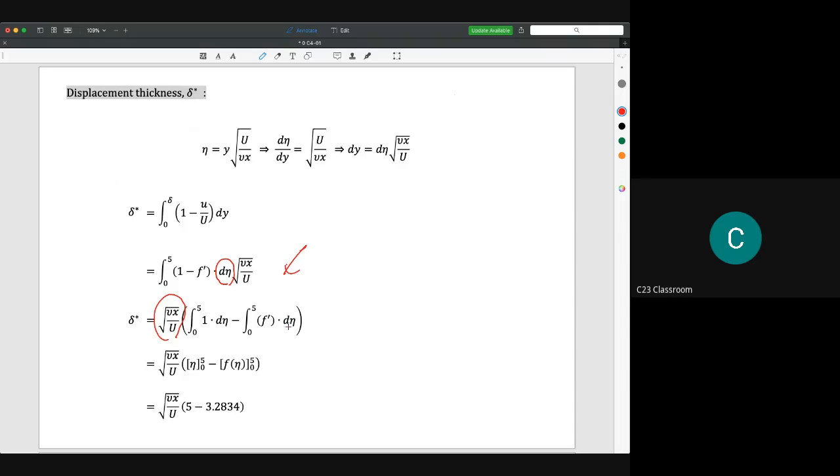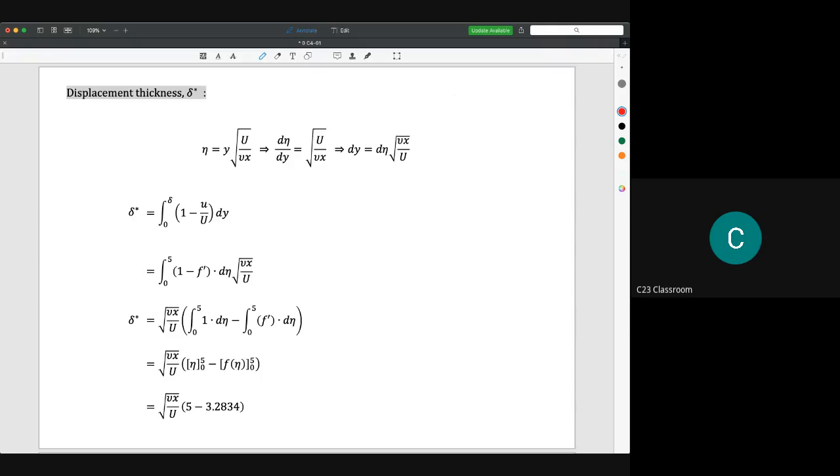I think you know this one: the integral of du over dy. It will be the complete integral of du, so you will get u. It comes back to its own terms. Okay, and so we will have this one.